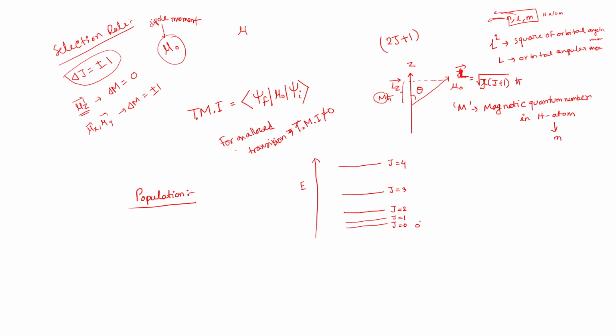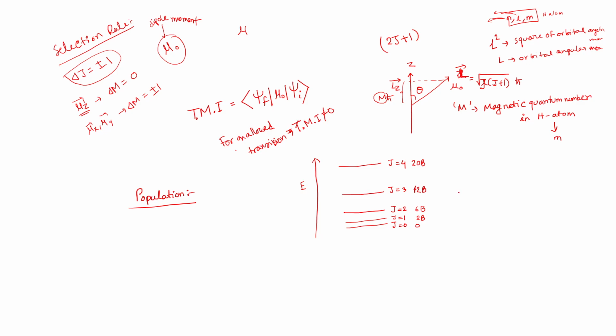In centimeter inverse. For this level it is 2B. For this it is 2 into 2 plus 1, this is 6B. Next 3 into 3 plus 1, that is 12B. And this is 4 into 5, this is 20B, right? And it will increase for a non-rigid rotor, right?